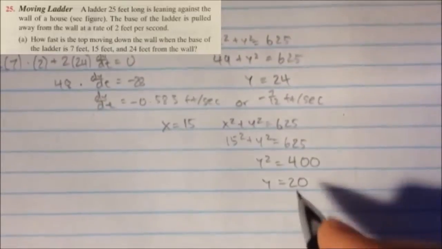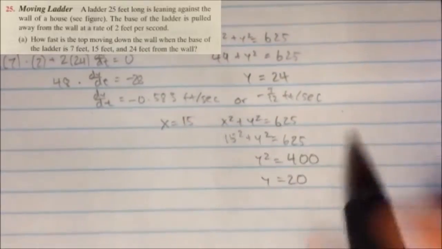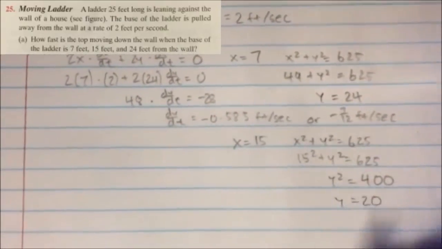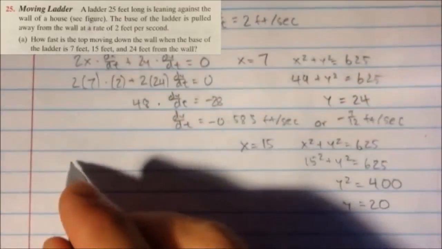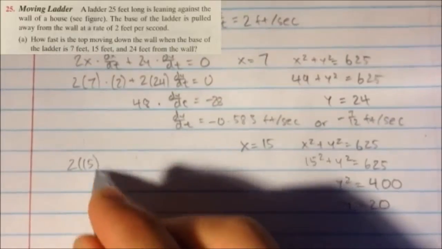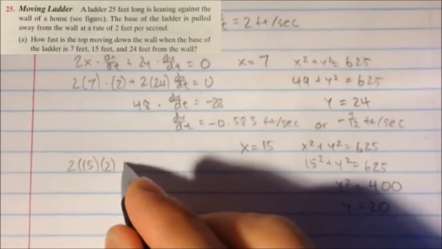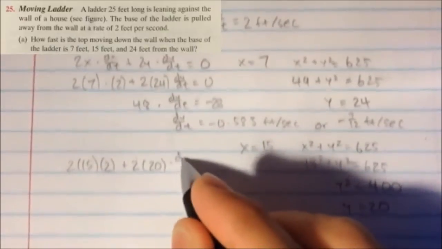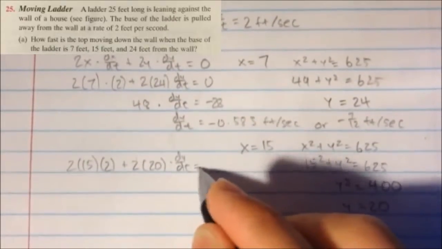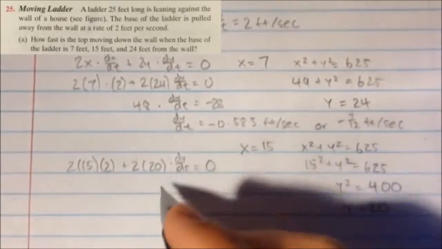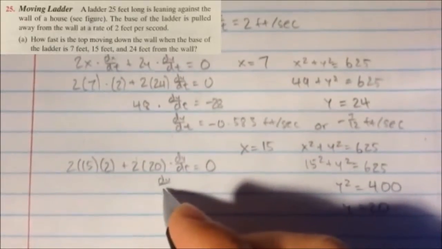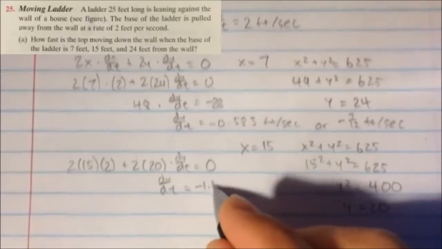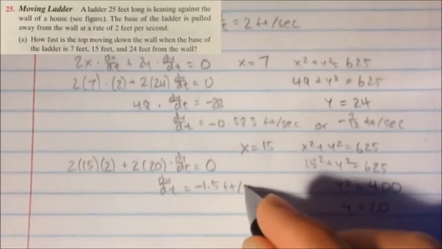So now we know the length of y and the length of x. We can now solve it the same way we did in the first base length. So 2 times 15 times 2 plus 2 times 20 times dy/dt equals 0. Solve for the rate of y, and that will be negative 1.5 feet per second.